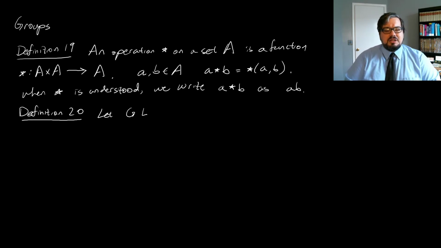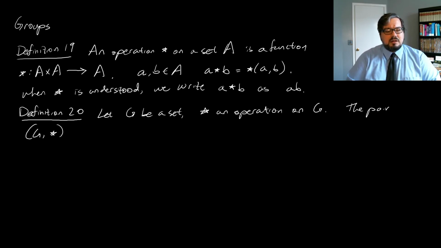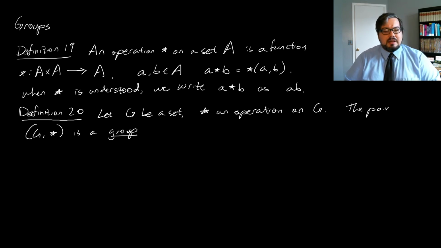Let G be a set and star an operation on G. The pair G with star is a group if it satisfies three conditions.